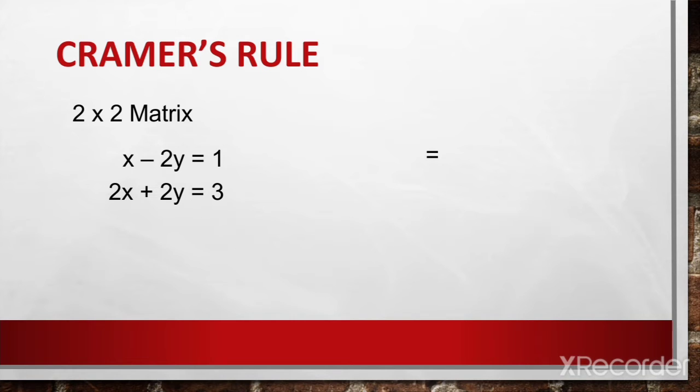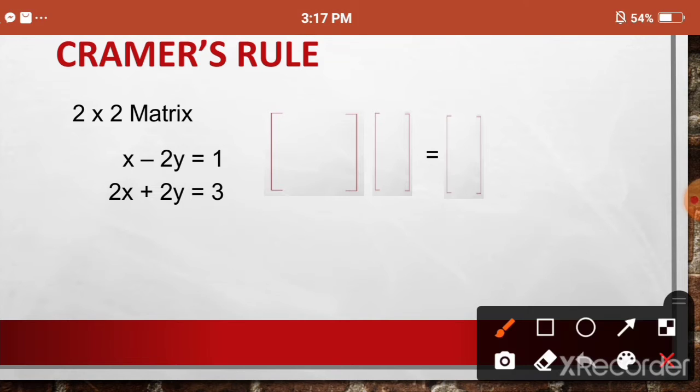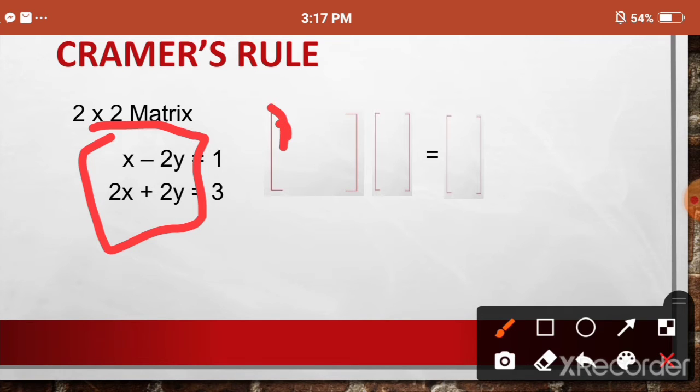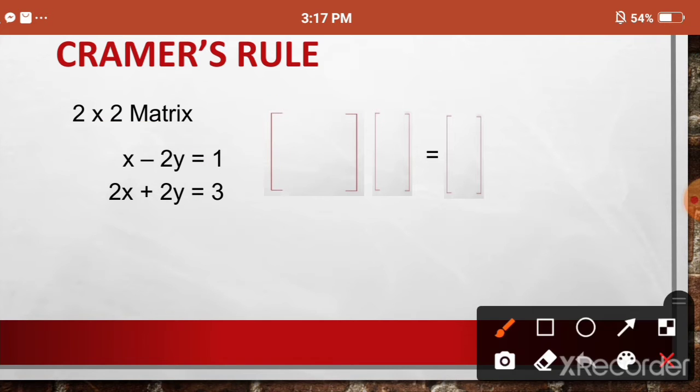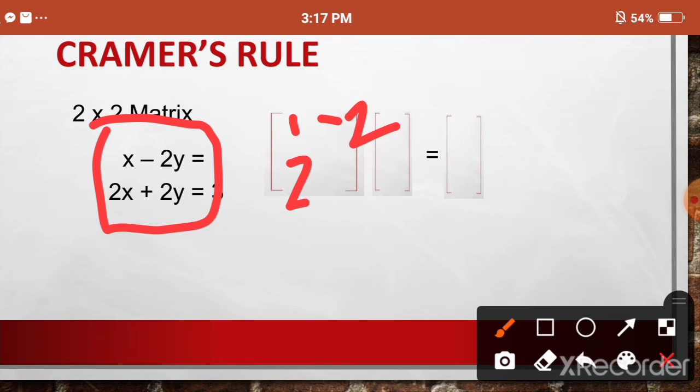First thing we must do in solving a 2 by 2 matrix with Cramer's rule is to prepare 3 brackets. In the first bracket, write the numbers only. So we have 1 from our 1x, negative 2 for our negative 2y, 2 for our 2x, and 2 for our 2y.